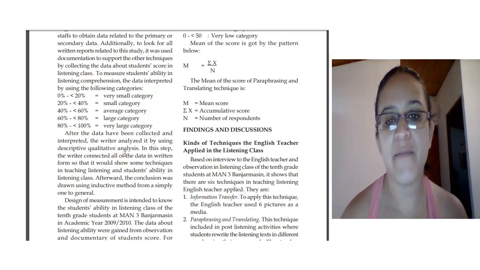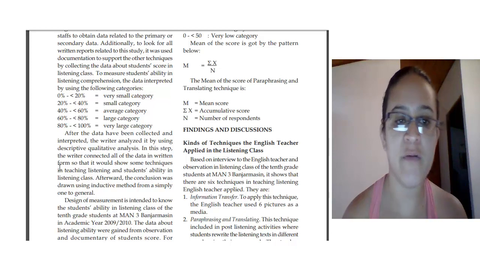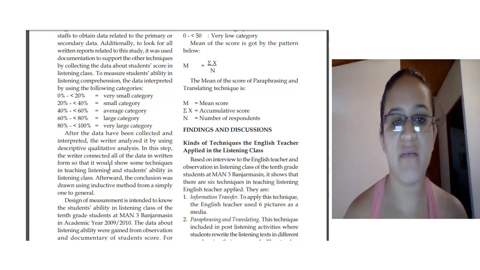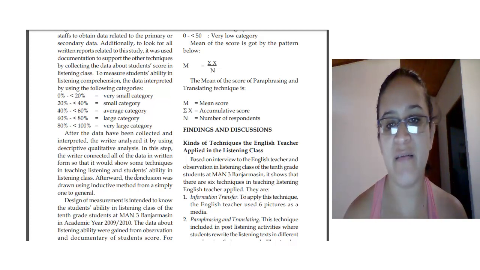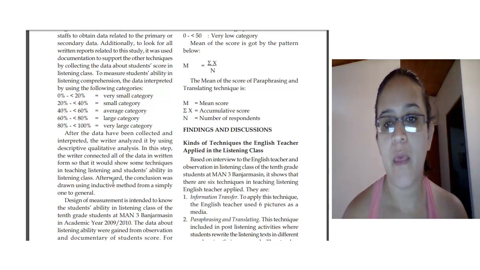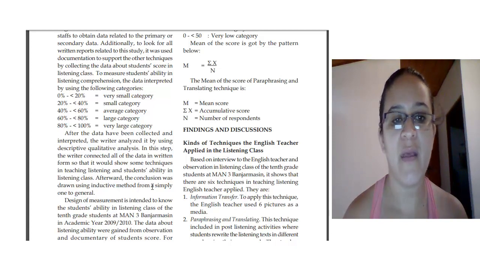In this step, the writer connected all of the data in writing form so that it would show some techniques in teaching listening and students' ability in listening class. Afterward, the conclusion was drawn using the inductive method, from specific to general.